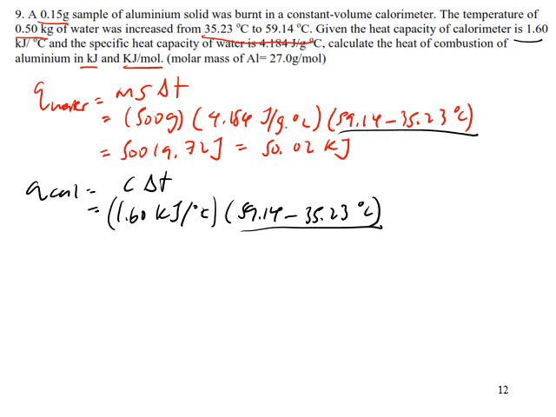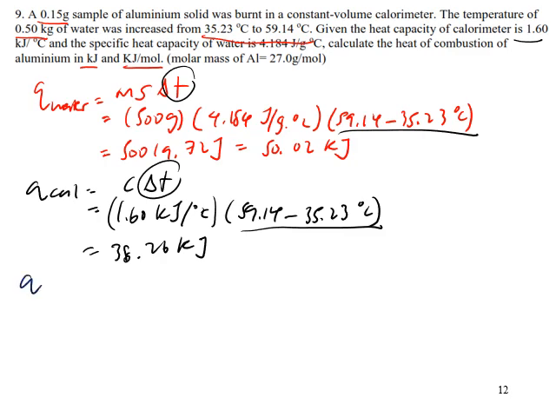Why is the delta T the same? Because we only have one thermometer, so any temperature change will be measured by the same thermometer. Therefore, the two delta T here will be the same. Calculate the value, so we get 38.26 kilojoule.